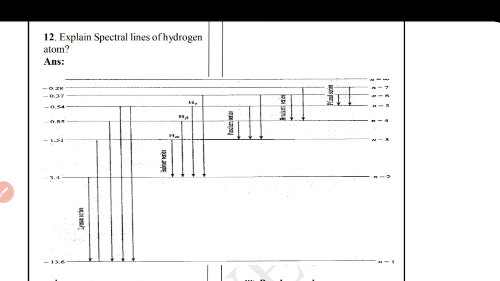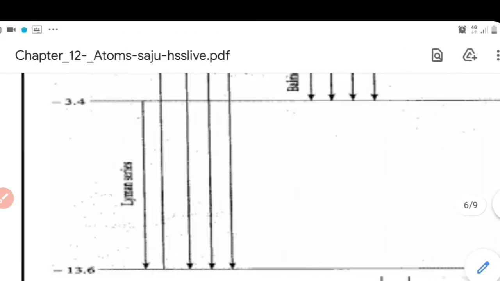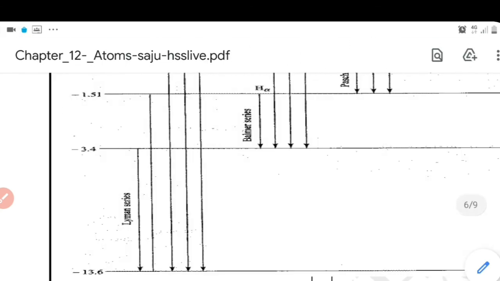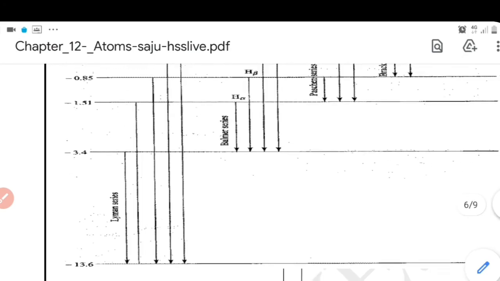In Paschen, it corresponds to transition from n equal to 4 to n equal to 3. So a nearer transition results in the longer wavelength emission, and the transition from n equal to infinity to that particular level results in the shortest wavelength. So it is a point to be noted while doing problems.